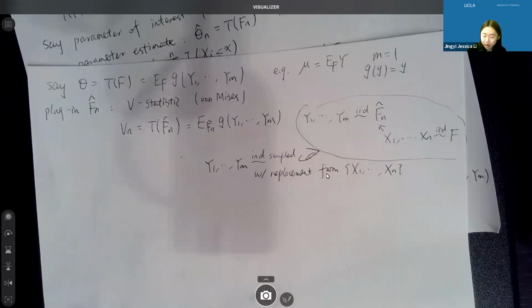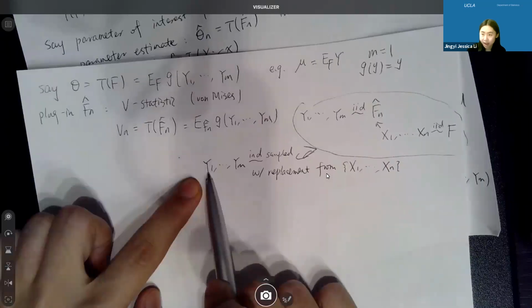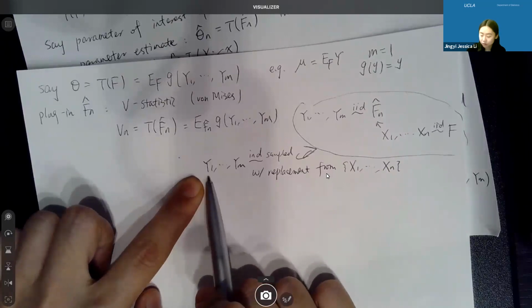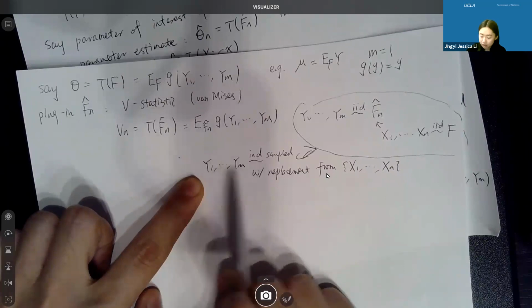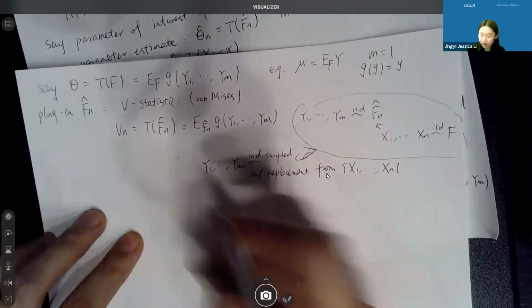So how many possibilities can I have for this y1 to ym? Each one has n possibilities from x1 to xn, and they're independent, so I multiply them. The number of possibilities is n to the power m.